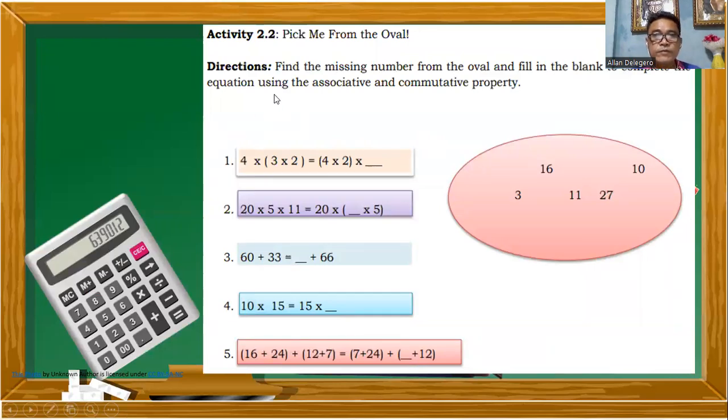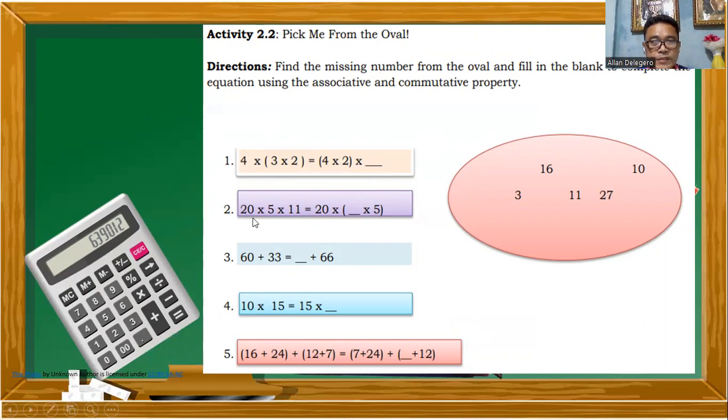Activity 2, find the missing number from the oval and fill in the blank to complete the equation using associative and commutative property. Number 1, 4 times 3 times 2 equals 4 times 2 times blank.